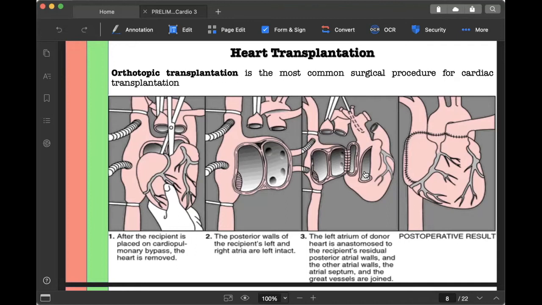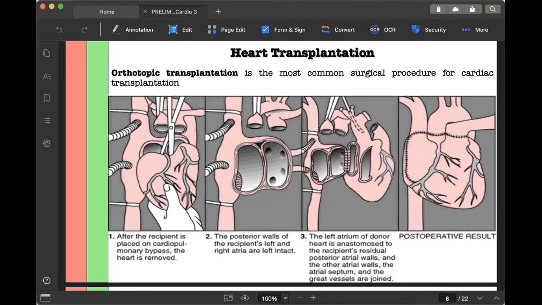Now, the donor's heart is implanted by suturing the donor's atria to the residual atrial tissue of the recipient's heart.